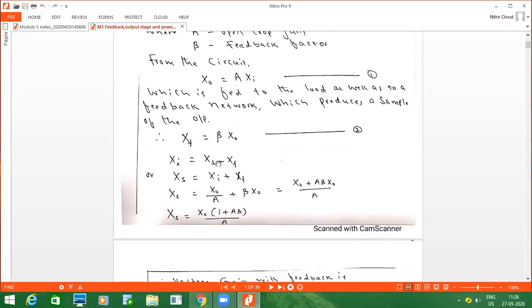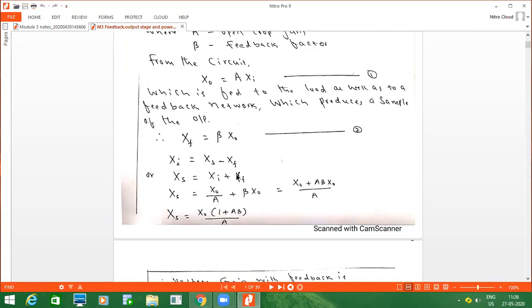XS, the signal generated from the source, will be equal to the summation of how much input you are providing to the amplifier and how much output you got from the feedback network. These two quantities together equal your XS. Okay, so now XS will be equal to Xi plus XF, right?